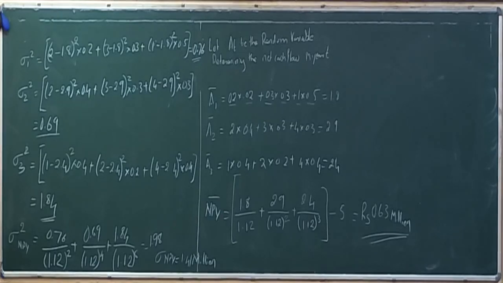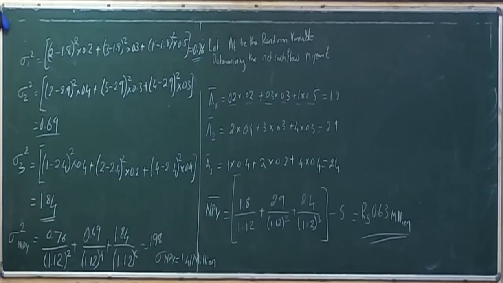If we solve this, the answer is 0.76. Continuing, for the second year: 2 minus 2.9 raised to 2 into 0.4 plus 3 minus 2.9 raised to 2 into 0.3 plus 4 minus 2.9 raised to 2 into 0.3.